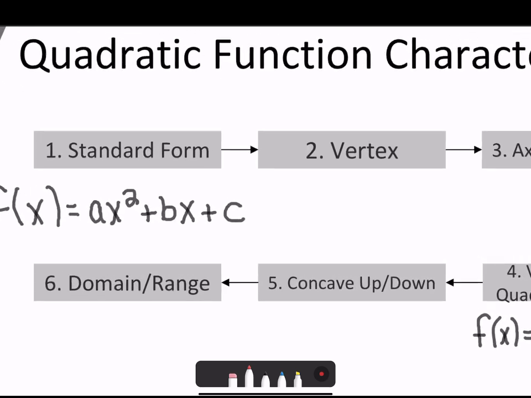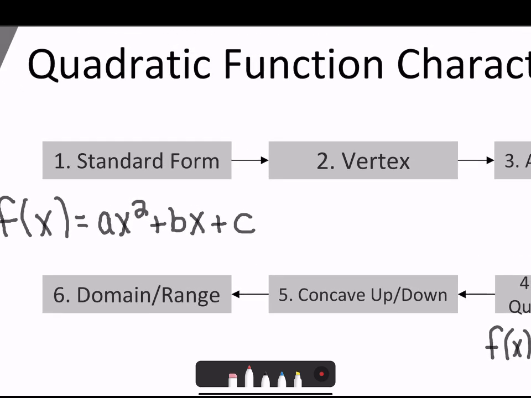So let's go back here to our standard form, right? To find a vertex, we usually use the variables h and k to represent the vertex. So h is going to be negative b over 2a.